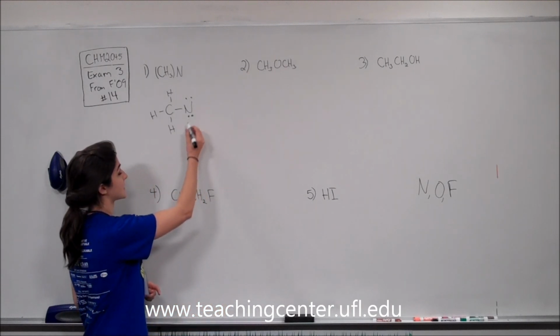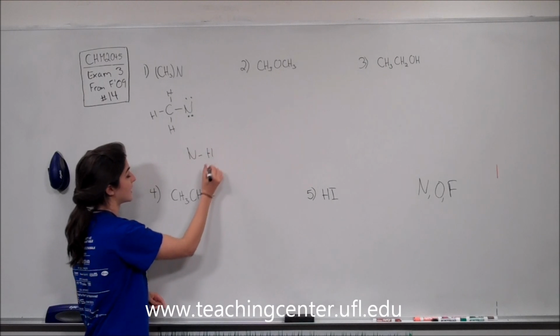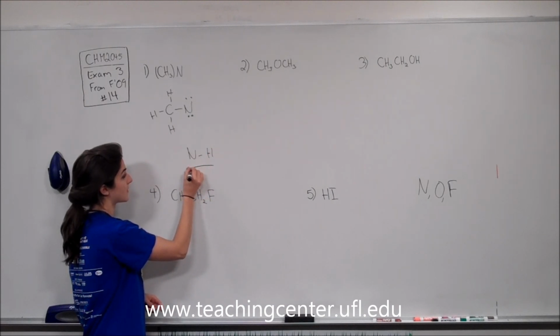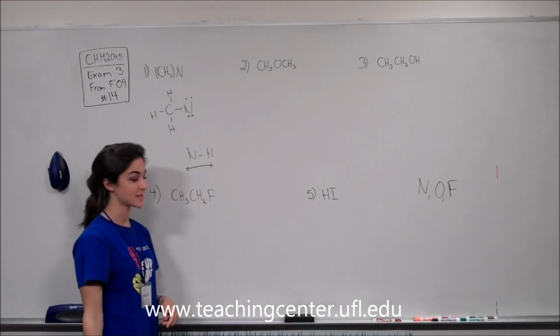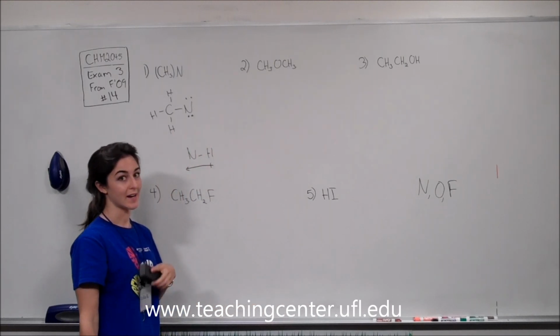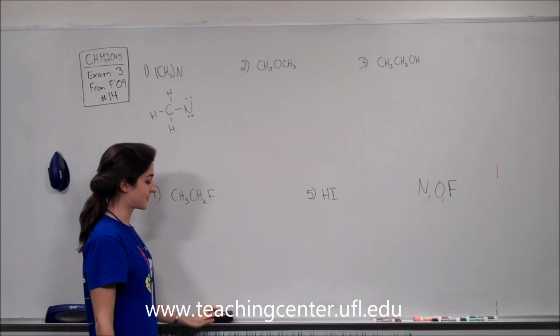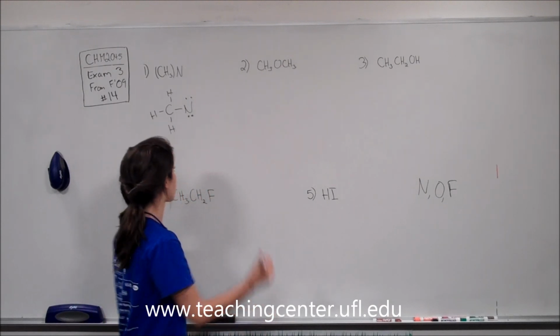This is because as an electronegative atom, if it's bonded to hydrogen, it's going to pull the electrons away from hydrogen, making it partially positive. But here we have nitrogen bonded to carbon and hydrogen bonded to carbon as well. So we won't have that effect in this molecule. So this substance won't have hydrogen bonding.